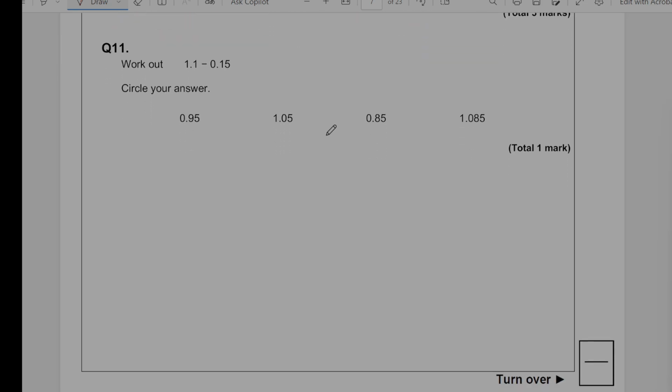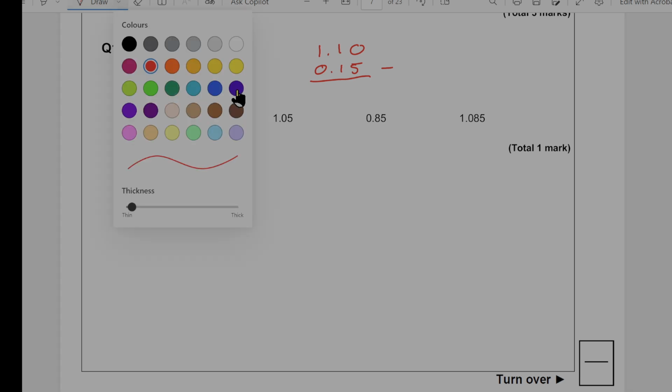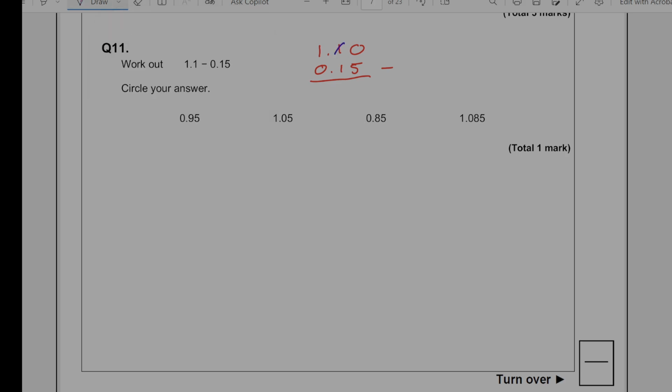Right, question 11. Work out 1.1 minus 0.15. Again, I will set this out using the column method. You can subtract, provided you keep your place value consistent. So 0.15 there. And then I'm going to do 5 taken away from 0. I need to exchange. I'll do it in a different pen just so you can see that I've crossed it out by mistake.